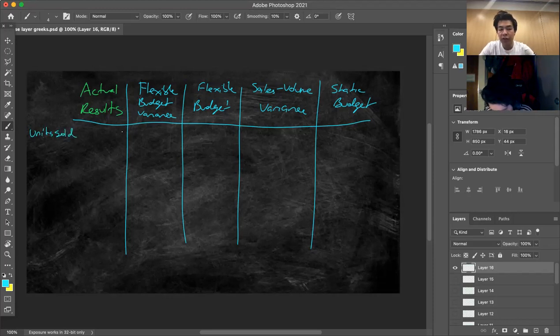Okay, so units sold, and then we're gonna put down costs and ounces per unit.